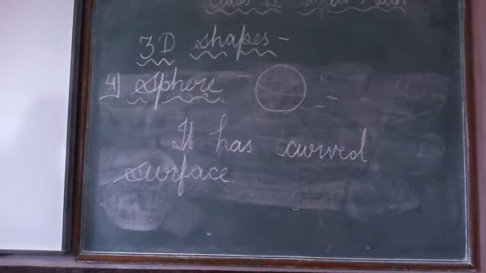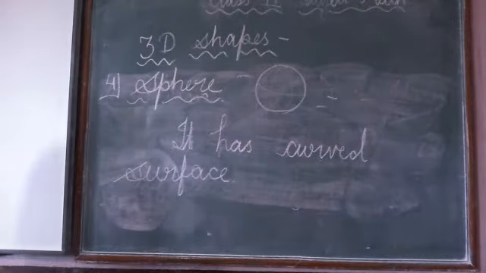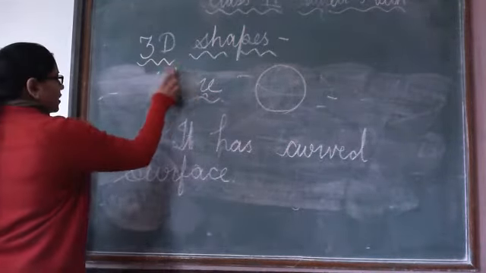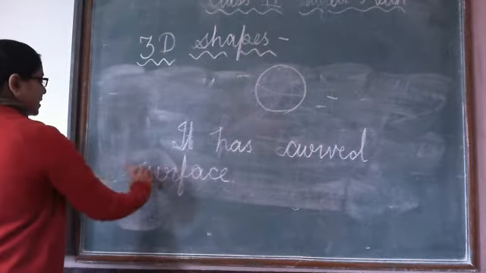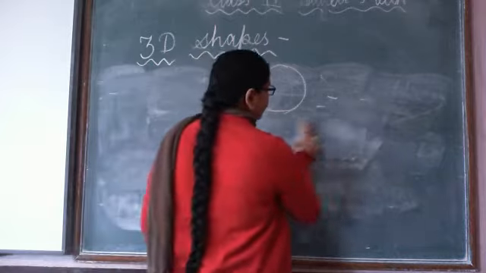Okay, so I hope you are done with the writing this much. Now the next shape is cylinder. The example of cylinder shape is our gas cylinder in the house itself.